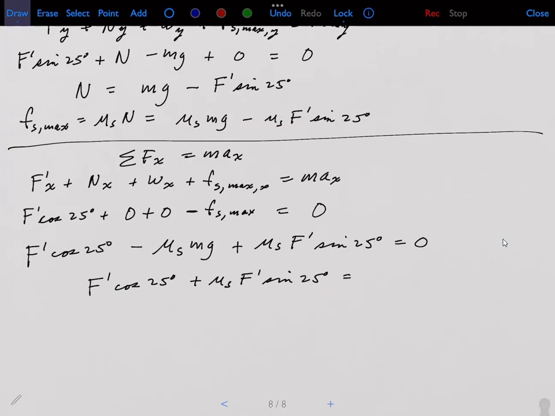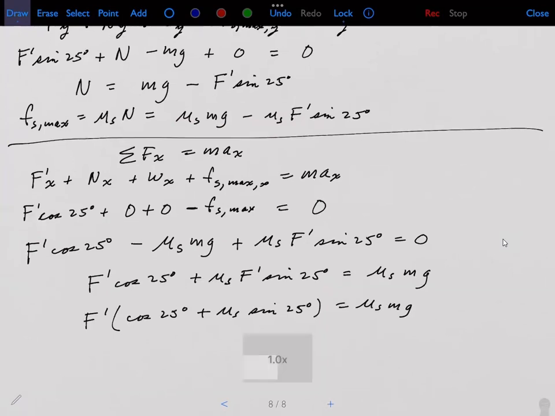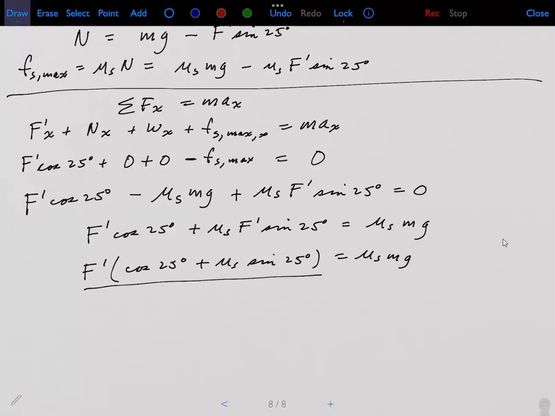I'll bring the mu s mg to the other side. And then I can factor out an F prime. And then finally, I can divide both sides by cosine of 25 plus mu s sine of 25. So this will cancel, and then here, I need to divide on this side. Okay, and then we can solve for F prime.